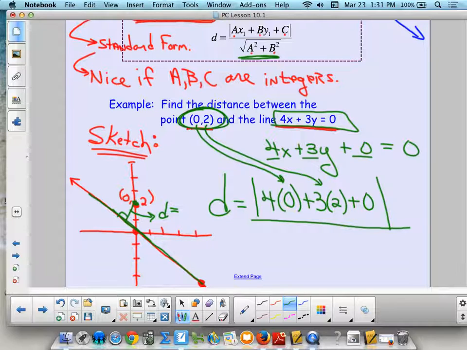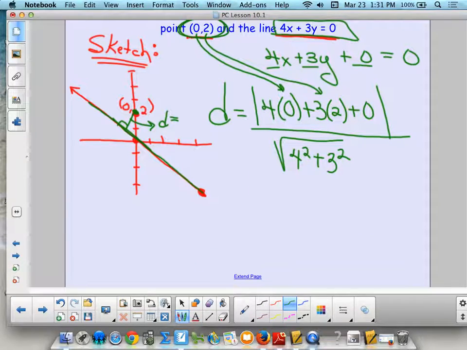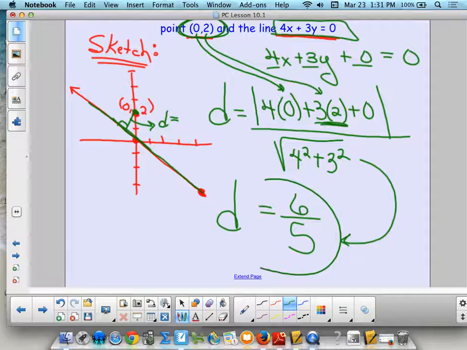Square root of A squared plus B squared. So A squared is 4 squared, B squared is 3 squared. This is the only thing you have to do in there. Absolute value of 6 is 6. This is the square root of 25, which is 5.